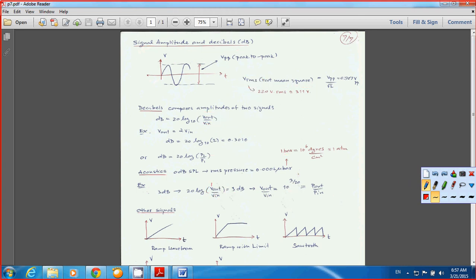Then when you take the log 10 of that, the 10 and log 10 cancel and become 1, so that's why you end up with 3 dB.